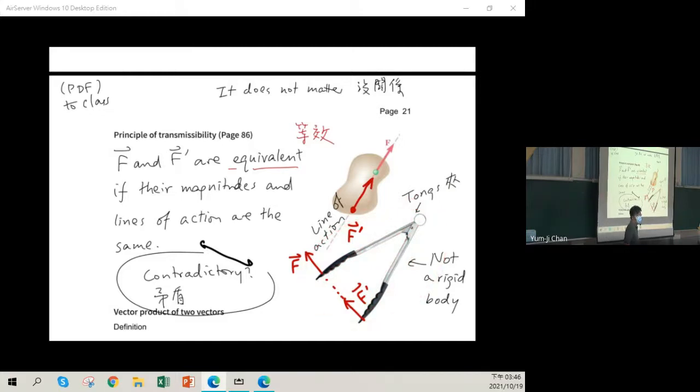Okay, so this rule only applies to rigid bodies.